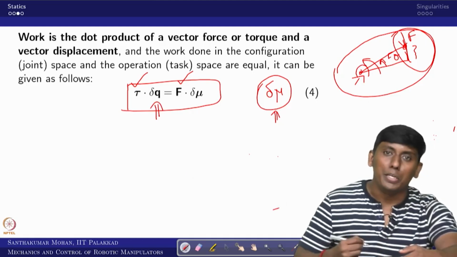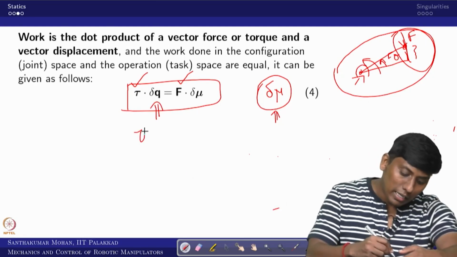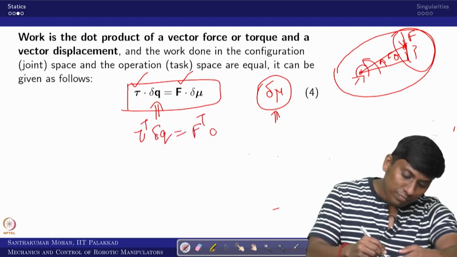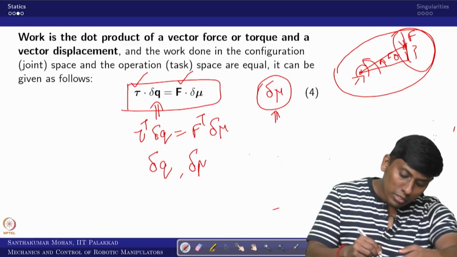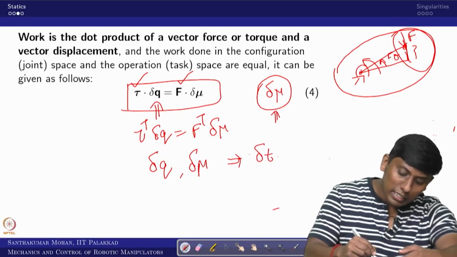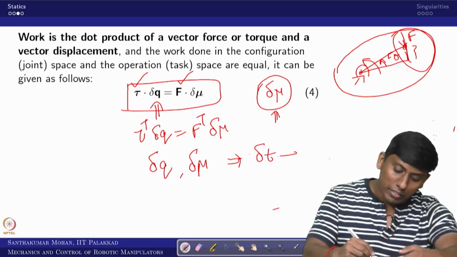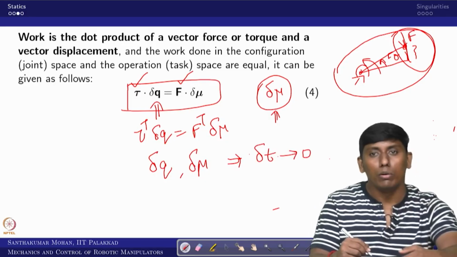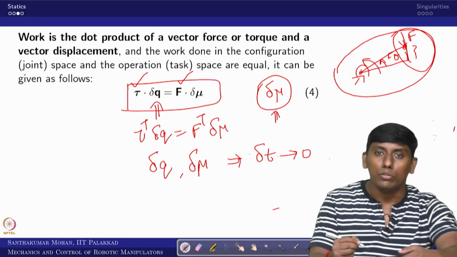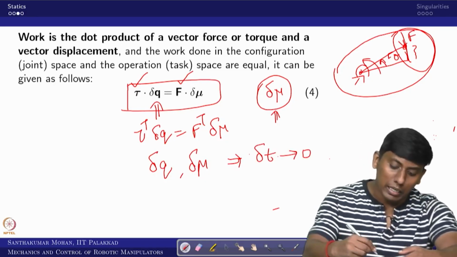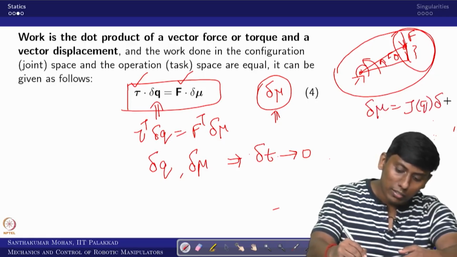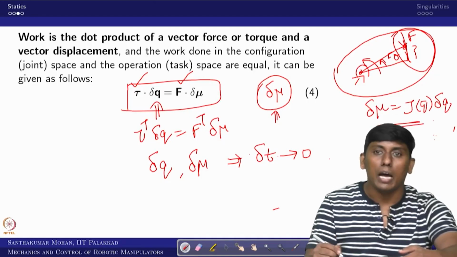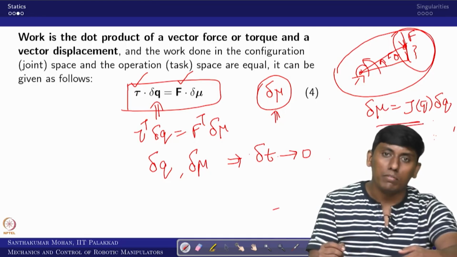Now the dot product I can write as a transpose. We assume that delta q and delta mu happen over a time delta t, and this delta t is very small, very close to 0, or delta t tends to 0. So we can write delta mu as j of q into delta q. So this relation we have. Now if you substitute, what will come?